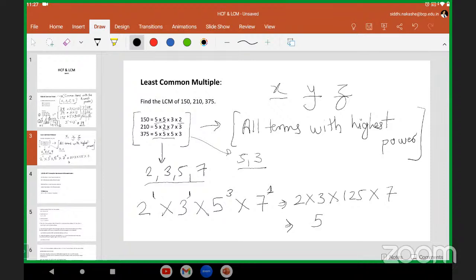Is everyone getting the same number? 5250? Yes, sir. Okay. So as of now, everyone's concept is clear regarding HCF and LCM.